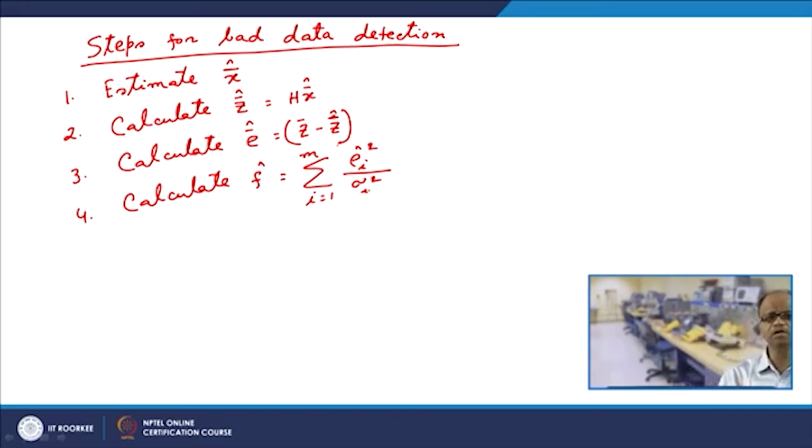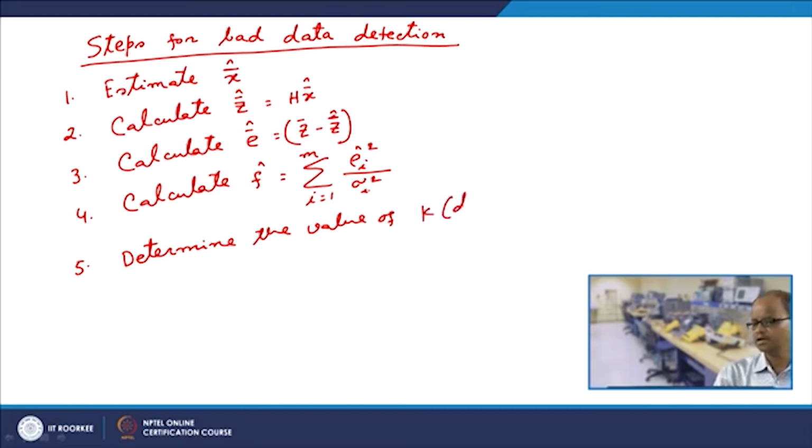To consult our chi-square distribution curve, first we determine the value of k. What is k? K is the degree of freedom. How do I determine the value of k? K is m minus n.